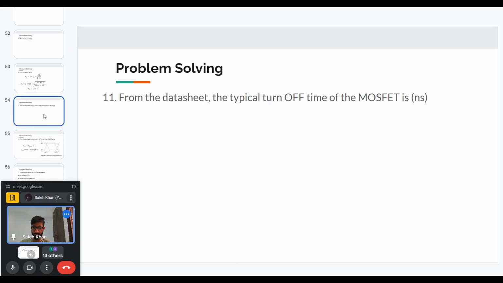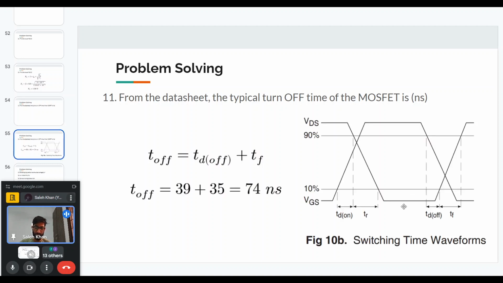So next we have some other questions. From the data sheet, the typical turn off time of the MOSFET we have to find in nanoseconds. If you see in the data sheet, this is how the times are defined. There is a delay time, which is the delay when VGS reduces and then VDS starts to increase, and then there is a time between VDS 10% to 90% as it increases.